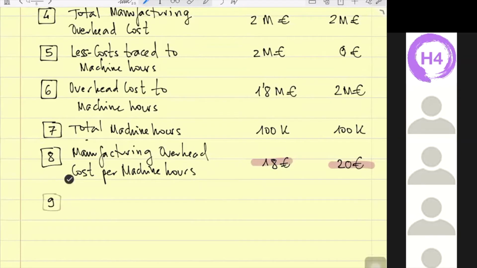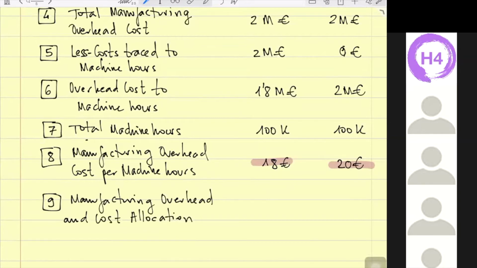And nine, manufacturing overhead cost allocation. €500 setup cost per batch plus 18 euro per machine hour.